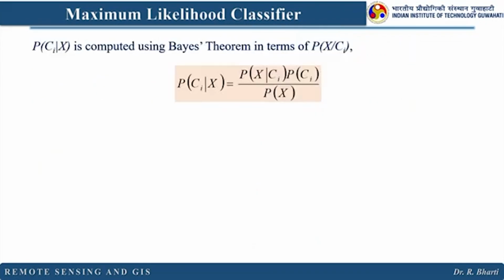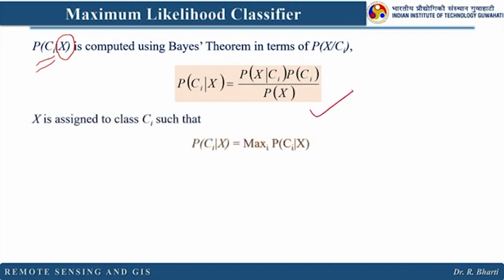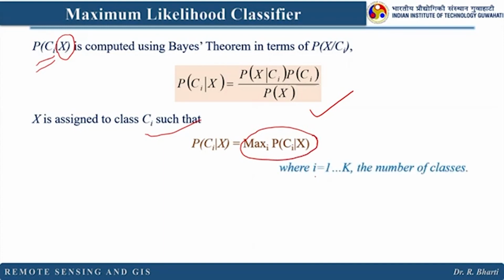The probability of x pixel to be classified in Ci class can be calculated using this formula, where x is assigned to class Ci such that maximum probability we get for Ci class, where i can be 1 to k, the number of classes. So, if you have 4 or 5 classes, this will go to 4 or 5.